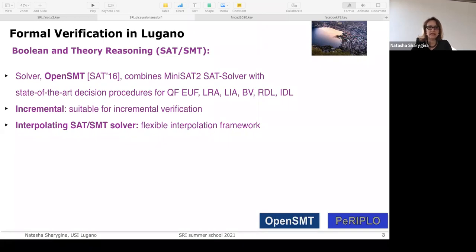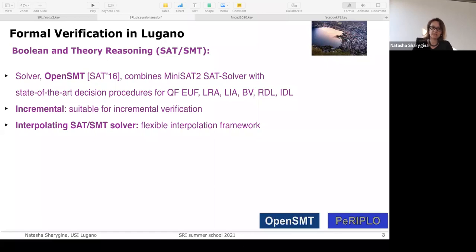We invested a lot of time and effort by many people, and so now it's in a solid state. We have a revision 2, OpenSMT 2 these days, and it's quite competitive. It has incremental features while doing the solving, which is handy because it could be mapped to incremental verification when needed.